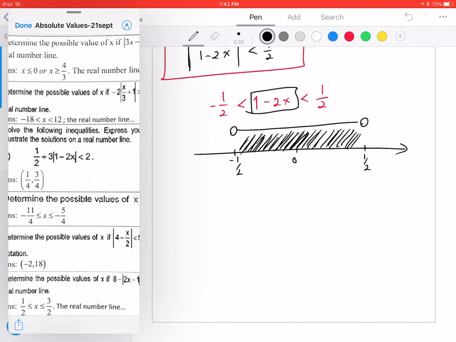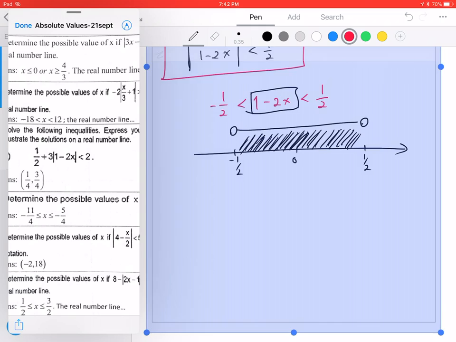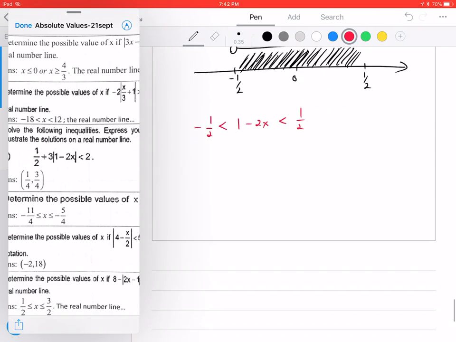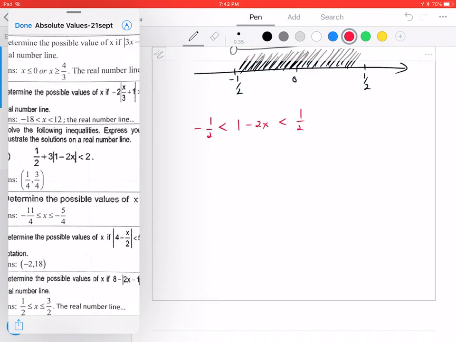So in order to solve this, you can rewrite it again: negative 1 over 2 less than 1 minus 2x less than 1 over 2. Now you can do it simultaneously. You need to minus 1 and bring it to the left hand side, so you're left with 2x.